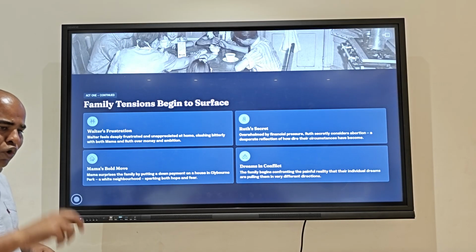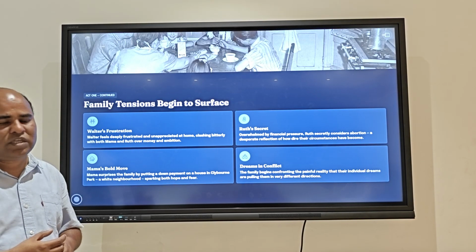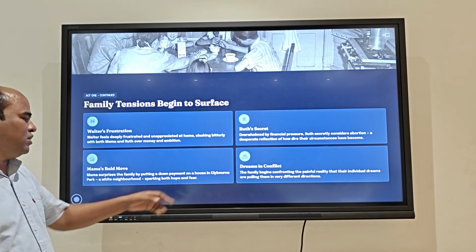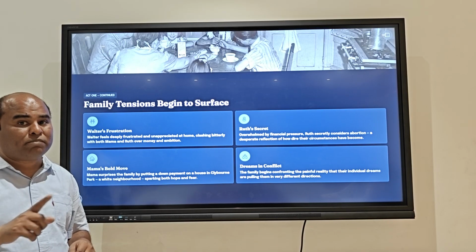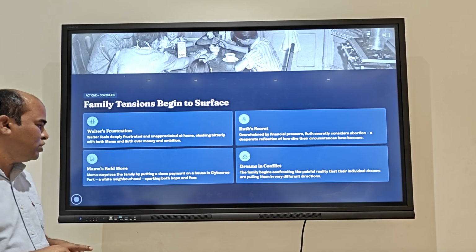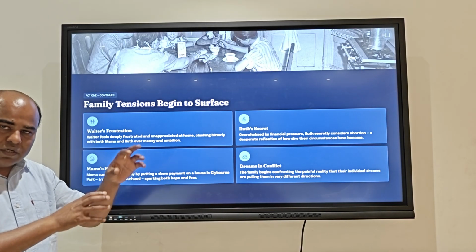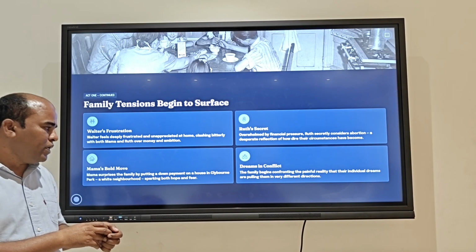So Mama's bold move of putting a down payment on a house, which is situated in Clybourne Park, which, do remember, is a whites only neighborhood, and the historical milieu of this play is the civil rights movement.